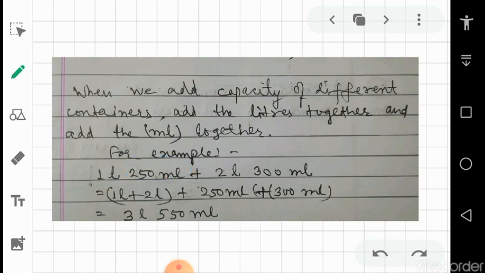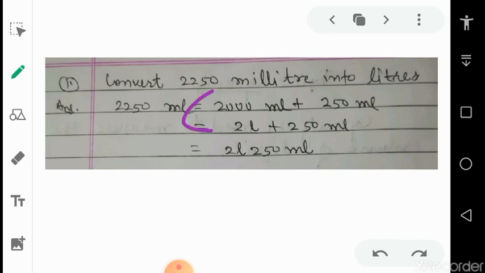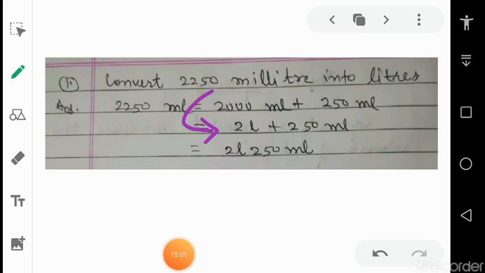For example, see this carefully: you are converting this milliliter into liter, so we have broken it up into 2000 and 250. So 2000 is converted into 2 because it is divided by 1000. In a similar way, milliliter divided by 1000 gives liter, and if liter is multiplied by 1000, we get milliliter.